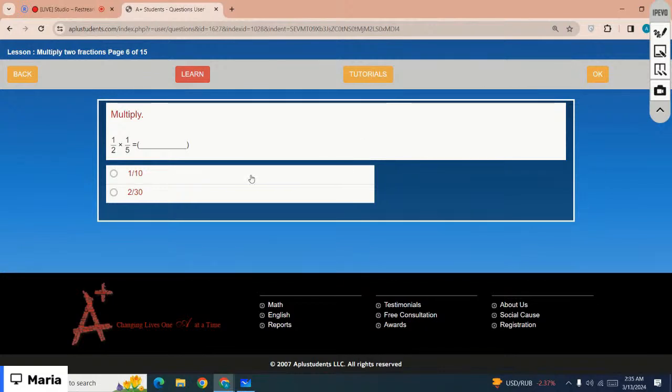Very good. 1 out of 10. It is 1 by 2 times 1 by 5. The correct option is 1 out of 10.